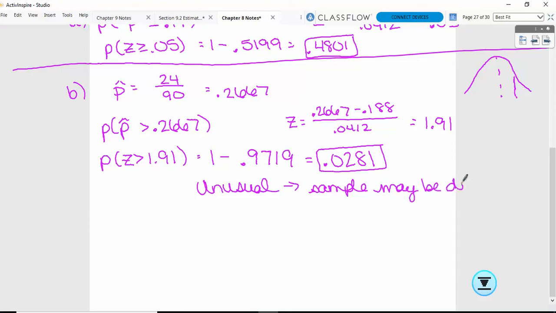Sample may be different, or the proportion has changed. Most likely we have a poor sample in some way. There's something about our sample that caused it to be different than our original population. Is that okay?